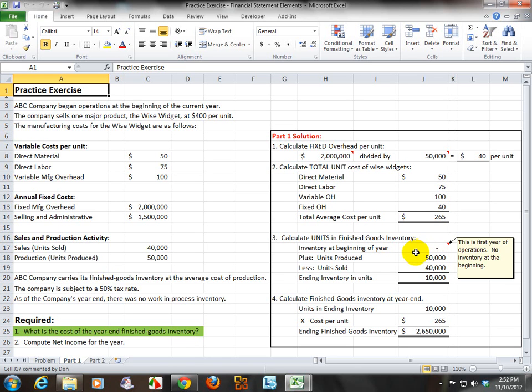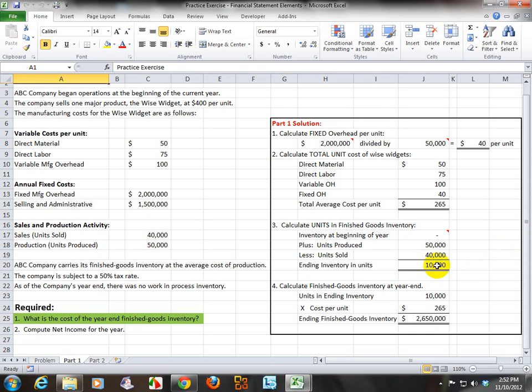We then add to that all the units that were produced during the year, and the problem said we produced 50,000 units. We take away from that any units that were sold. They were shipped to the customers and sold, and that was 40,000 units that we sold during the year. And so now we have an inventory at the end of the year of 10,000 units.